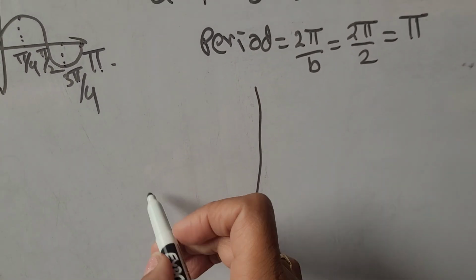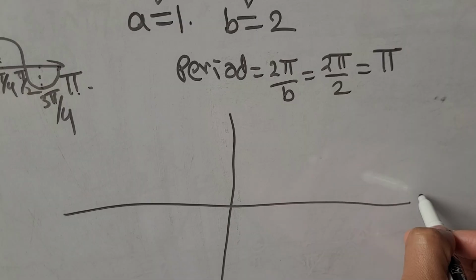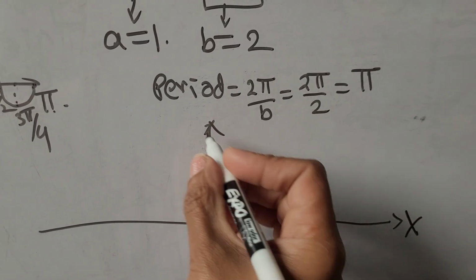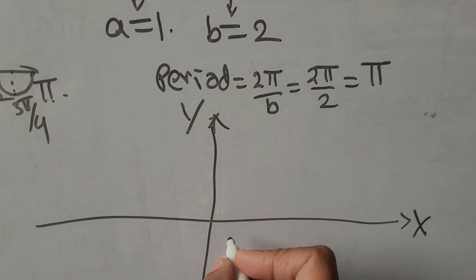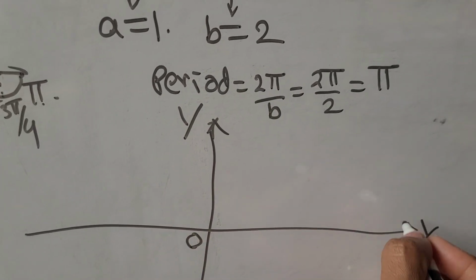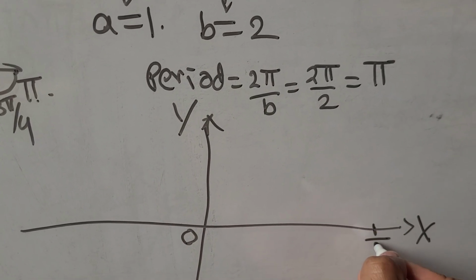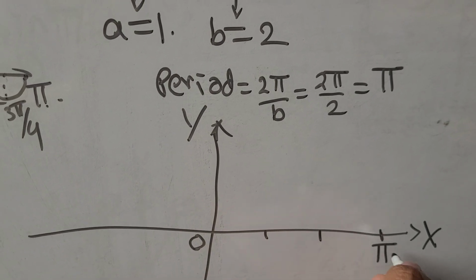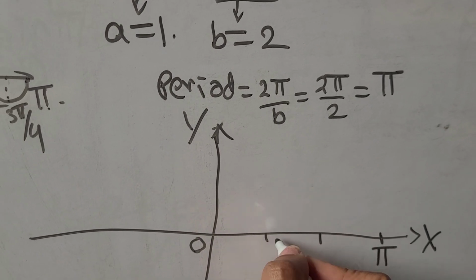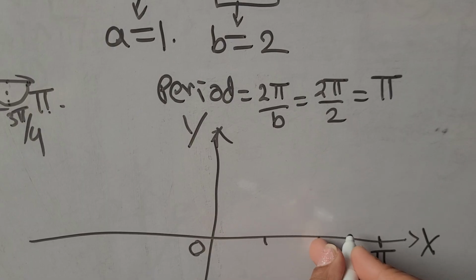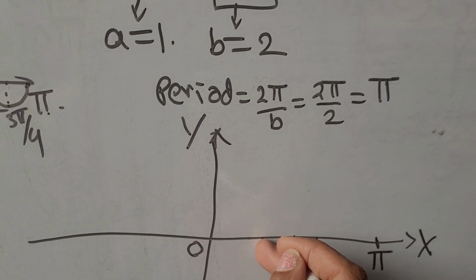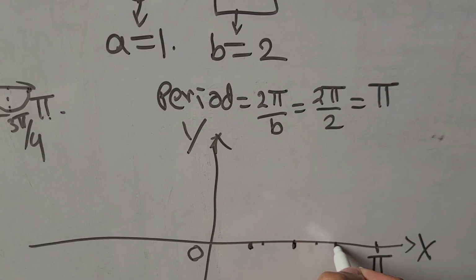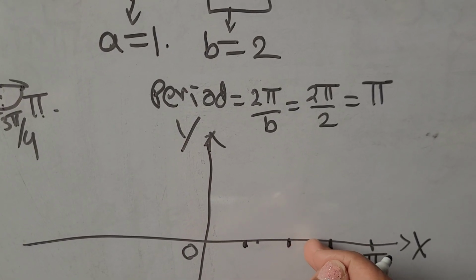So let's draw the axis here. The positive axis of x is here, and the positive axis for y is here. This is the origin, and let me mark this as my period pi, and I'm going to make 4 equal parts for the period here. 1, 2, 3 and 4.